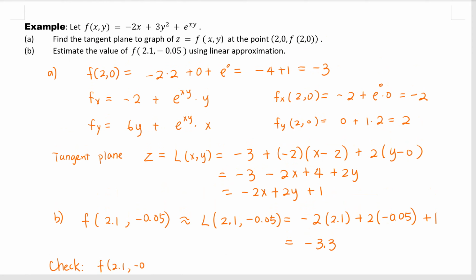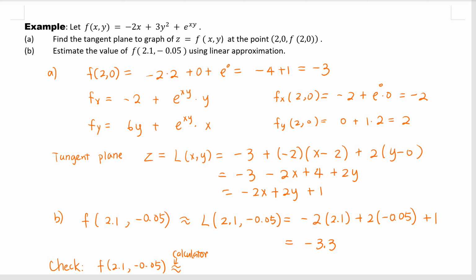So let's use our calculator. So this is from the calculator. We plug in directly. So let me see. Negative 2 times x is 2.1 plus 3 times y squared, then 0.05 squared.